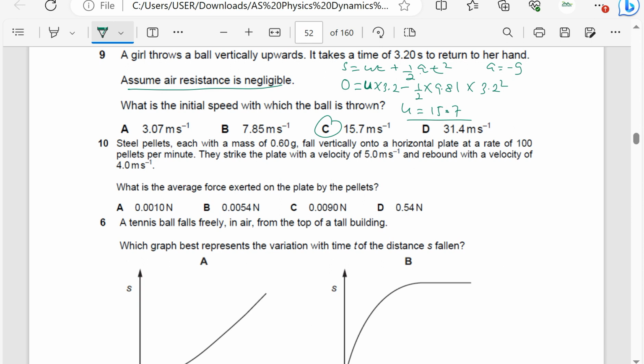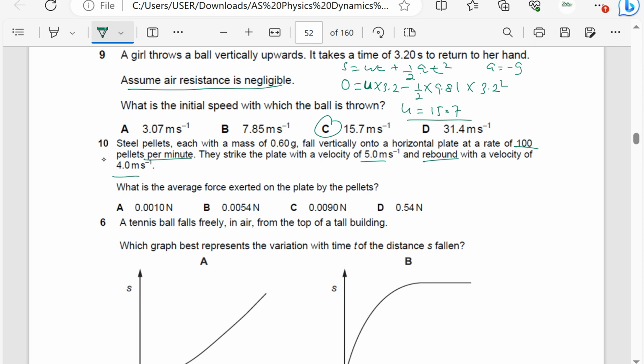Steel pellets, each with mass 0.6 grams, fall vertically onto a horizontal plate at a rate of 100 pellets per minute. They strike the plate with a velocity of 5 meters per second and rebound, meaning a change in direction, with a velocity of 4 meters per second.